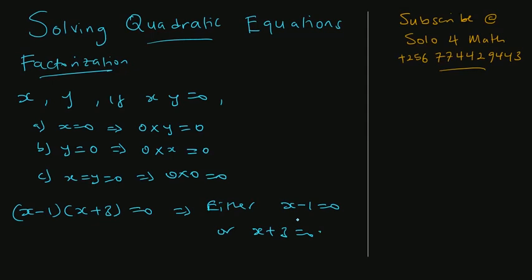If we solve these equations, with x minus 1 equals 0, we take 1 the other side to give us x as 1. And then if we consider this, we take 3 the other side, we shall have x as negative 3. So this is the idea that we are going to use to solve quadratic equations using the method of factorization.